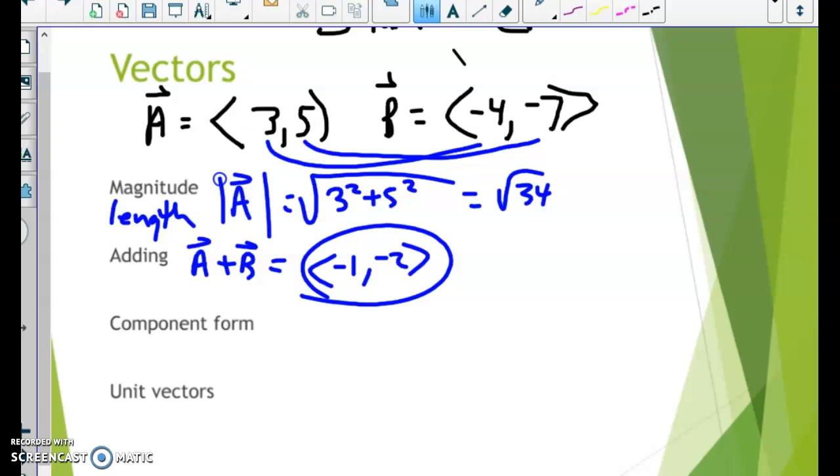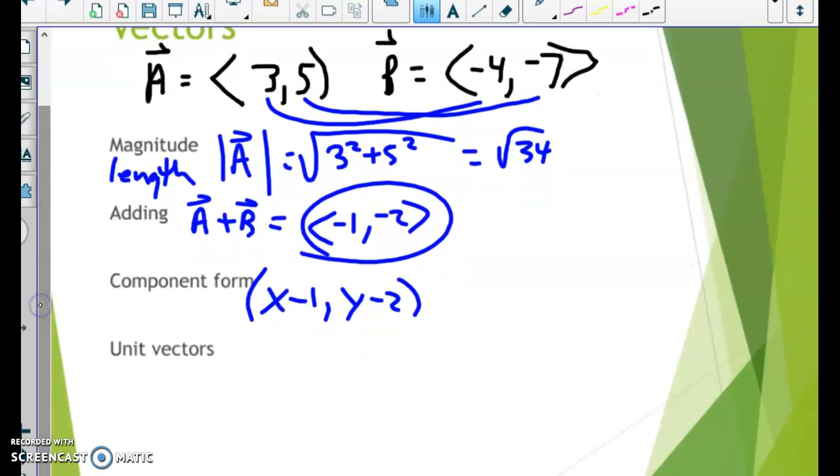If I wrote x minus 1 and y minus 2, that is not component form. Component form is where you're using the vector notation, and we're going to use component form for most of the stuff that we do.